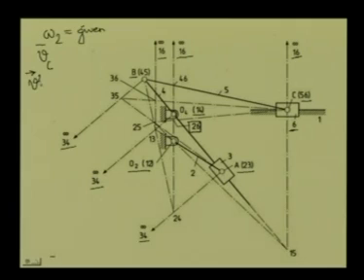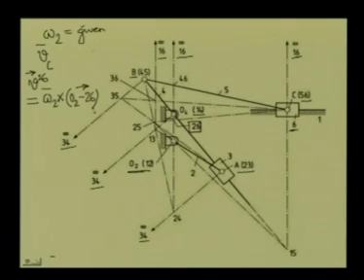Considering it to be a point on body 2, the velocity is omega 2 cross the vector from O2 up to the point 2, 6.